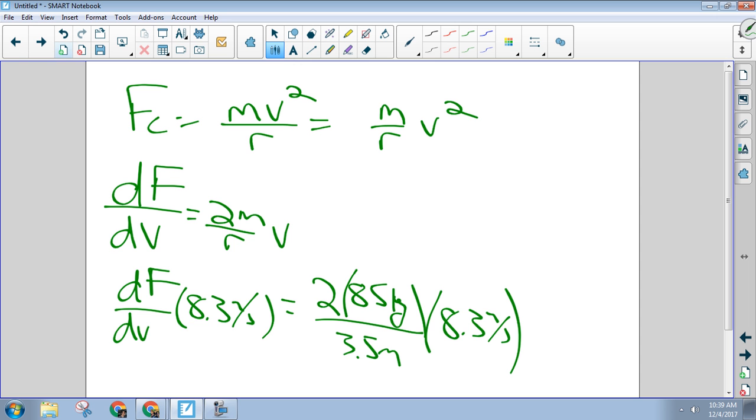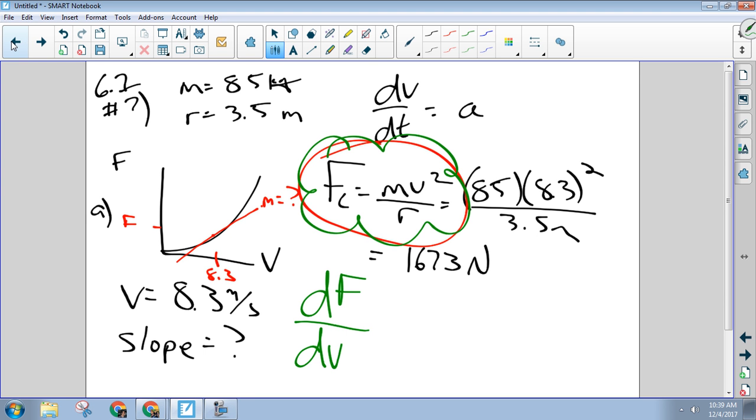Yes? When I did it with the first equation, and then I divided. When you say the first equation, you mean this one? The thing on the top of it. Yeah, and then I divided it by 2 and 8.3, and I got the answer. I gotcha.